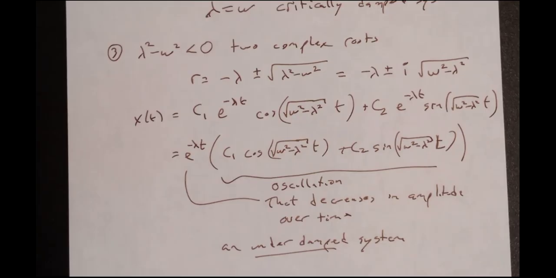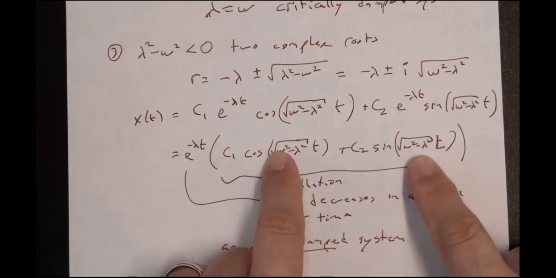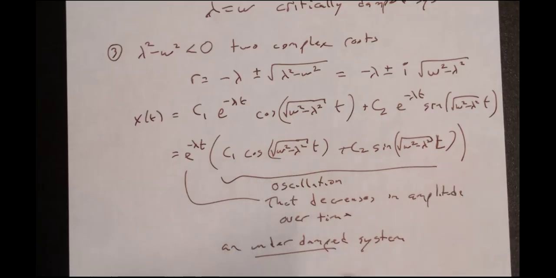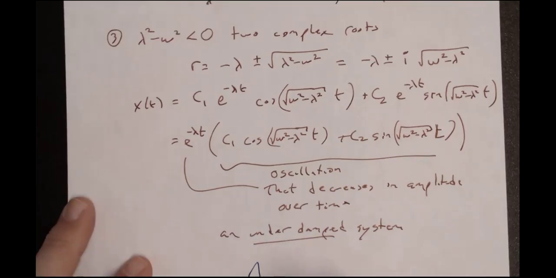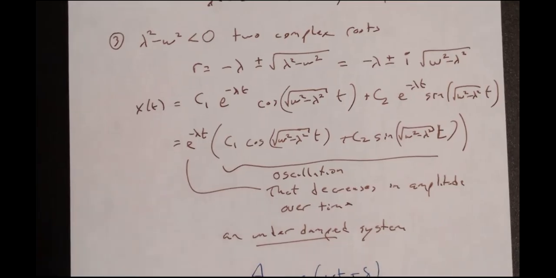By the way, these two trig functions have the same period, right? The same frequency. I could combine those. Remember, we had that thing last time that said we could write it as A cosine omega t plus delta.